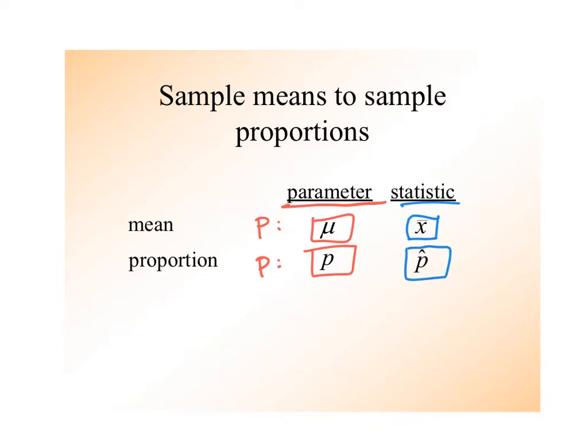Some had more than 50, some had less than 50, or some had exactly 50. But we graphed all these p-hats to check to see if the center was close to the Reese's parameter. Okay. So that's the change in symbols. So we're going to use p and p-hat now.